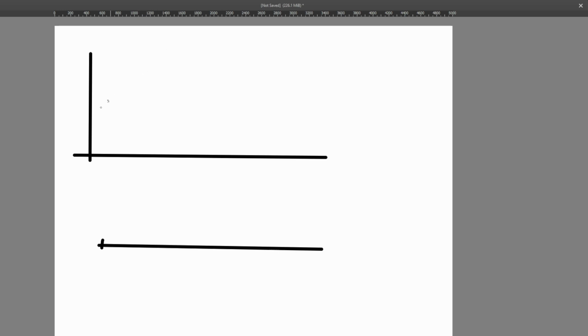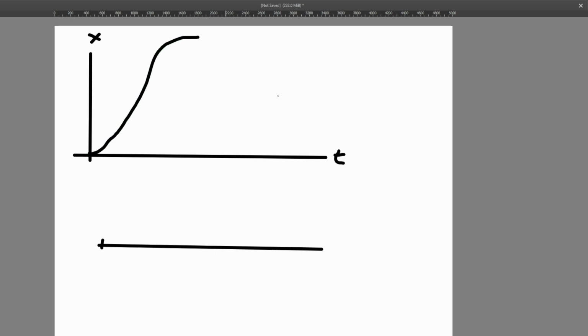So I'm going to call this axis time, and this axis x for displacement. Let's say our car goes on like this and then stops like here.